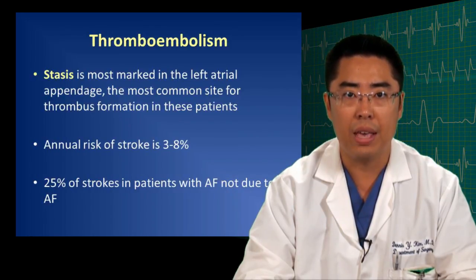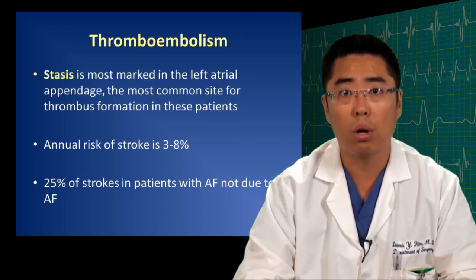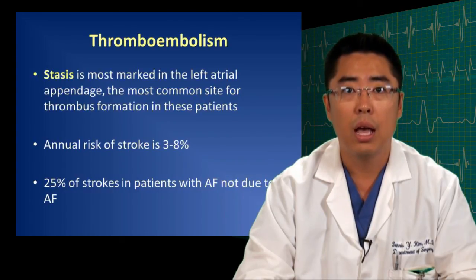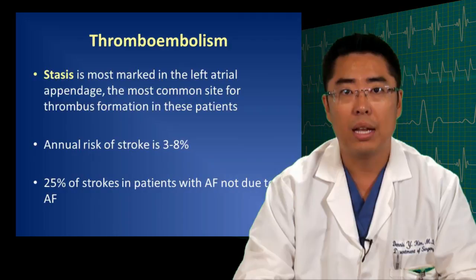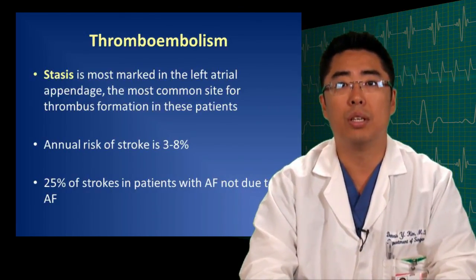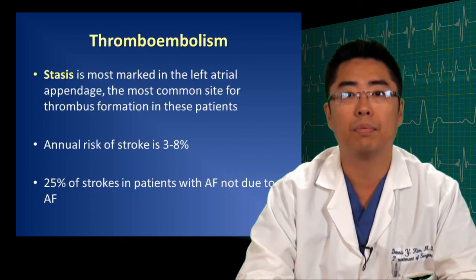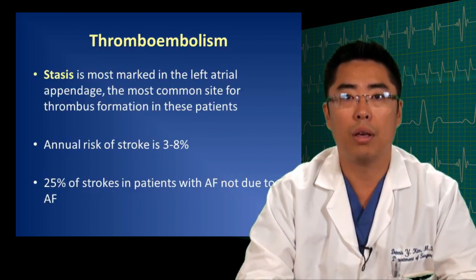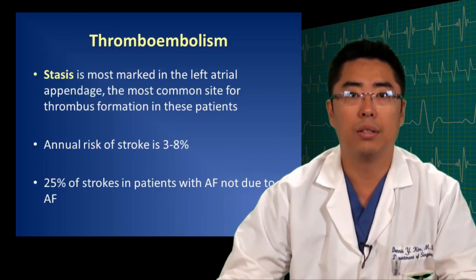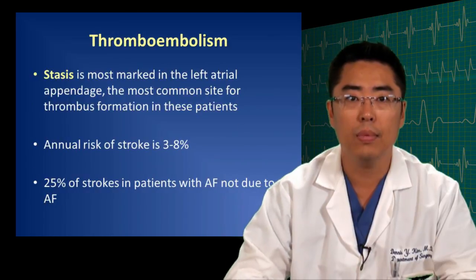As stated previously, the annual stroke risk is approximately 3 to 8%. It is important to bear in mind that approximately 1/4 of patients with atrial fibrillation may have an ischemic stroke that is not secondary to the atrial fibrillation itself. This may be due to primary cerebrovascular progression of disease, secondary to proximal atheromatous disease of the aorta, or other cardiac foci, not secondary to thrombus formation in the left atrium or atrial appendage.